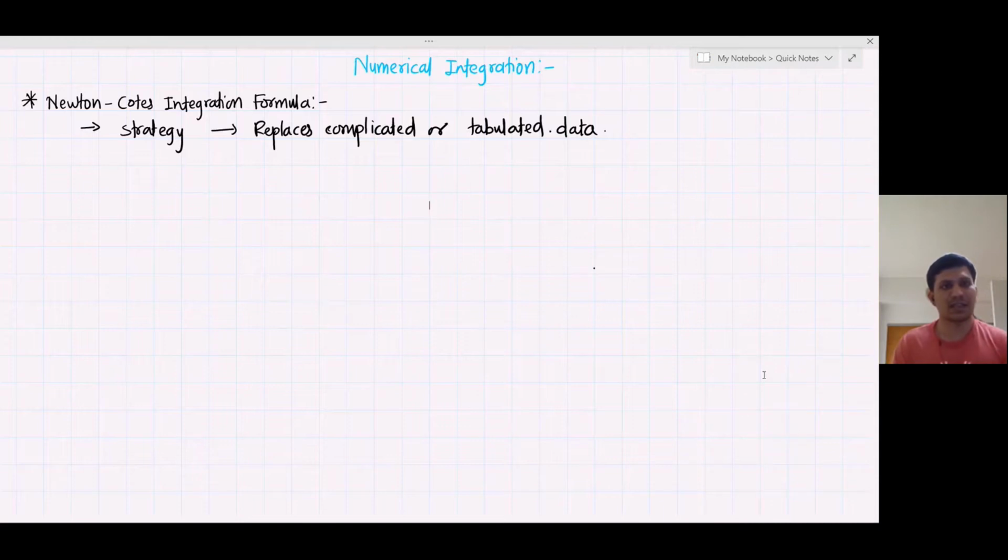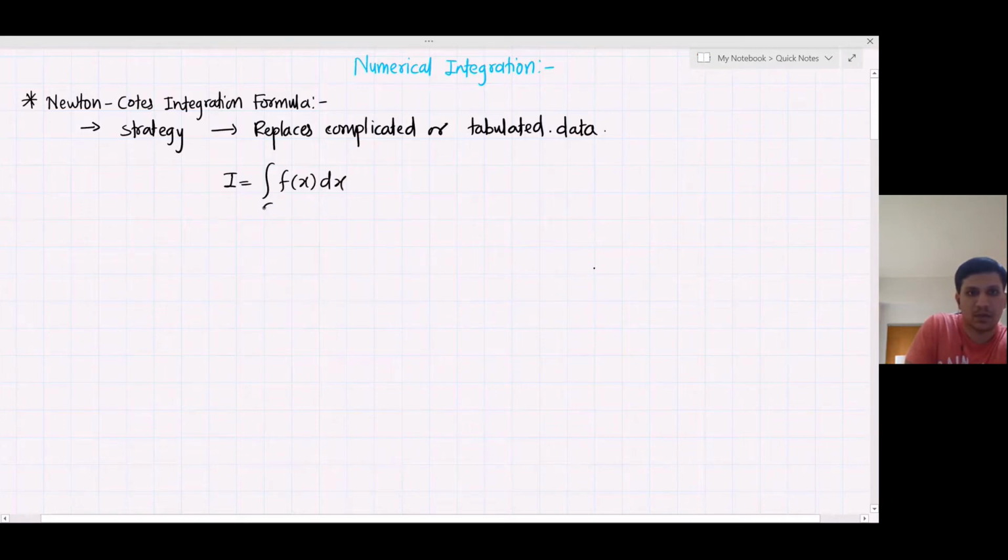So we are only concerned with the closed Newton Cotes integration formula. The basic strategy of this integration formula is it replaces very complicated functions or any tabulated data. Suppose we have a function f of x and we want to calculate the integration of f of x from a to b, and the function is very complicated. In that case, we cannot perform the integration.